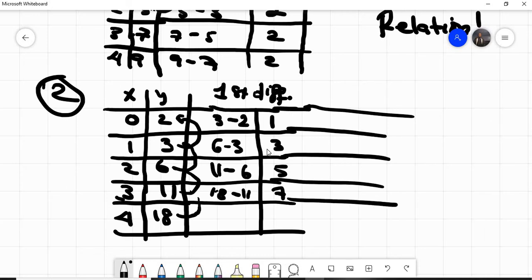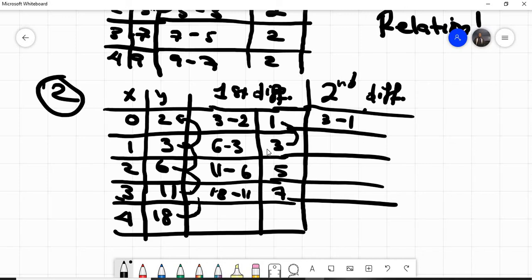Now we have to do the second difference. 3 minus 1 is 2. Then 5 minus 3 is 2.